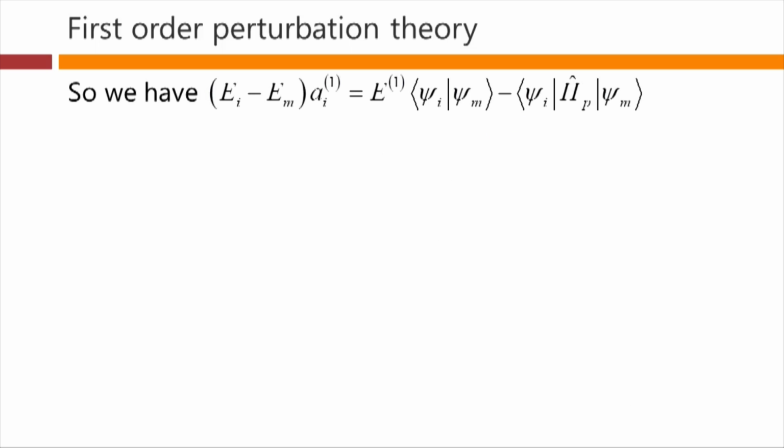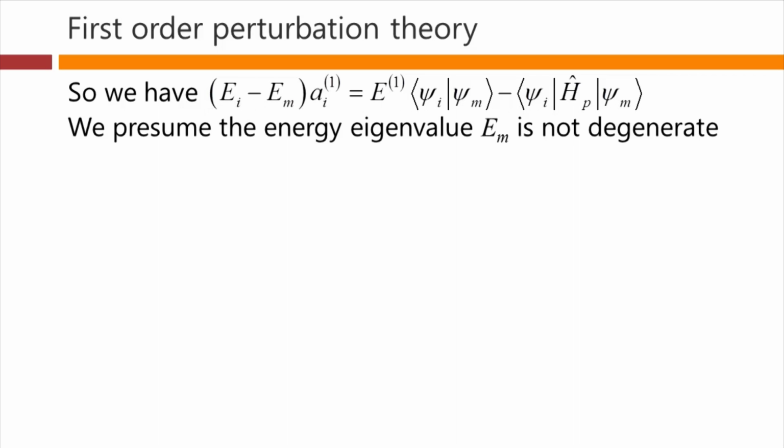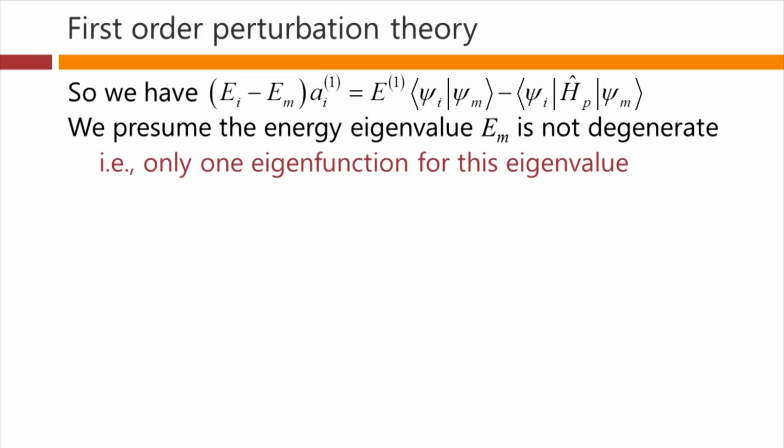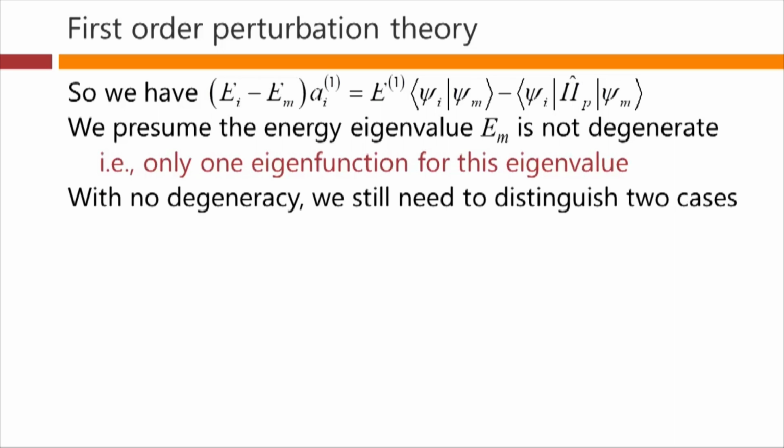So with that expression we've just derived, equating the two sides that we came up with in our equation, we're now going to presume that the energy value Em, the unperturbed energy value, is not degenerate. That is, there's only one eigenfunction for this eigenvalue. With no degeneracy, we still need to distinguish two cases here.